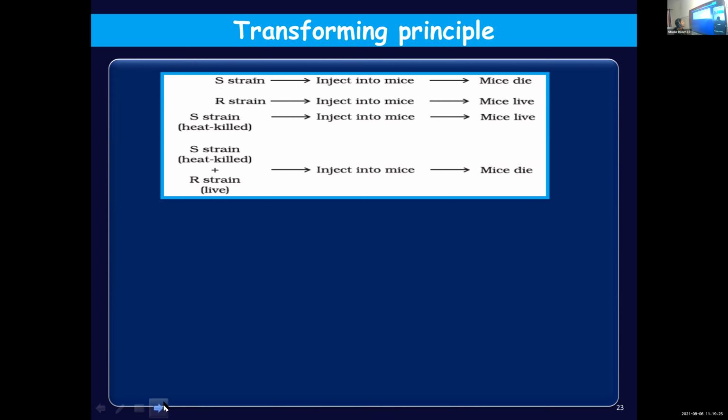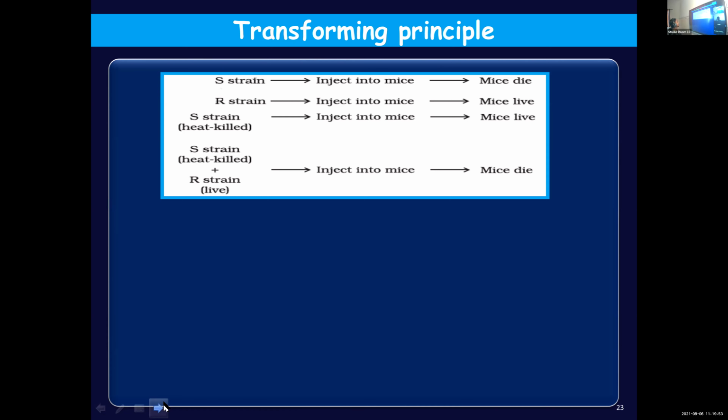Then R strain bacteria were injected into mice, and the mice survived. I'll repeat once again: when S strain bacteria were injected into mice, the mice could not survive and died. At the same time, those mice injected with R strain survived.